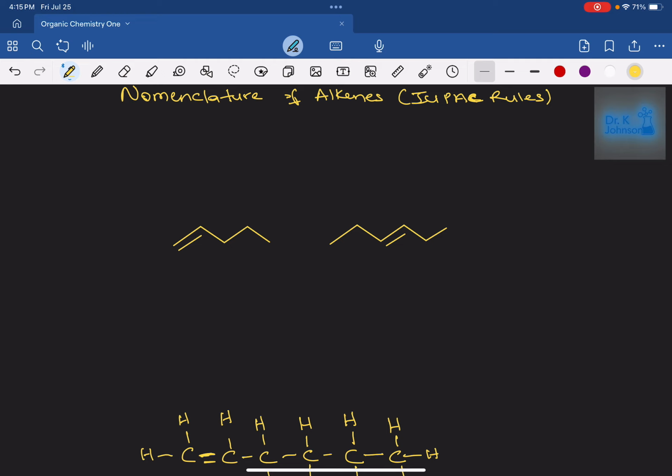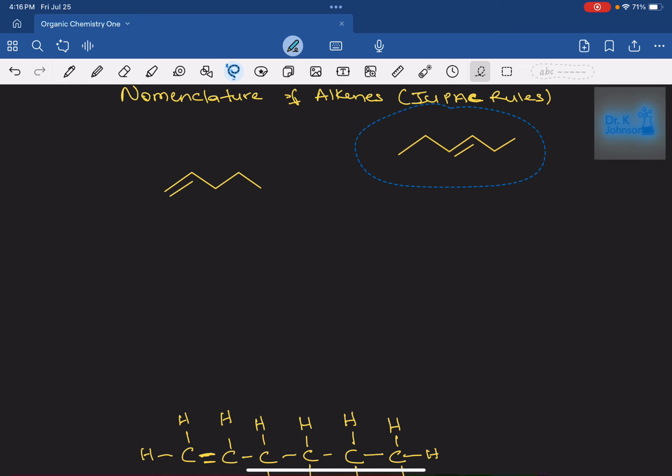Let's look at straight chain first. So let's look at two straight chain alkenes and let's talk about how you would name your straight chains. All right. So first thing, find your longest chain, of course. So one, two, three, four, five carbons, right?